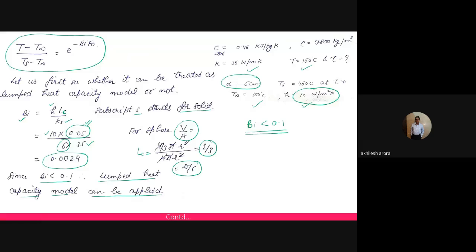Now the second thing. Because in this equation we have calculated the Biot number, now we can calculate the Fourier number, though the value of the time is not given here. The Fourier number, as you know, is given by alpha tau upon Lc square. I know the value of alpha. Alpha is the thermal diffusivity, given by k over rho C, multiplied by tau divided by Lc square. So we do have all the values. We have the value of k, 35. We have the value of rho, 7800 kg per meter cube.